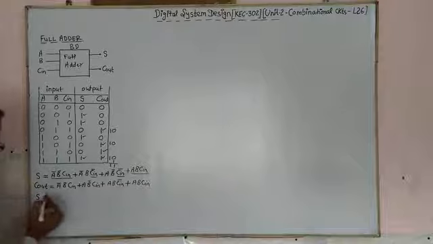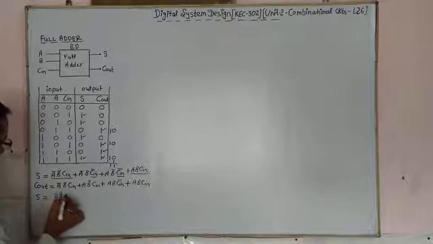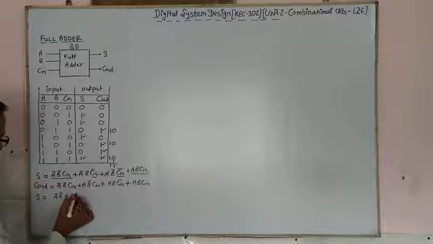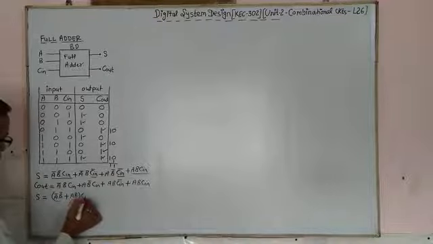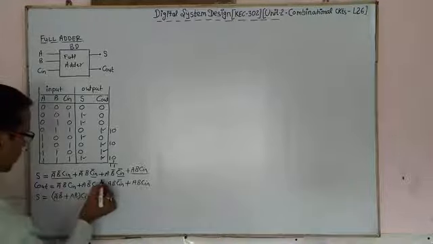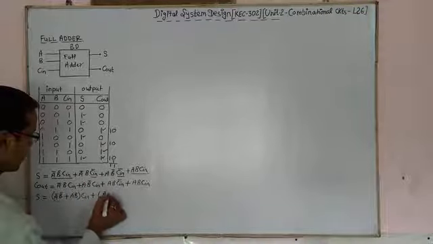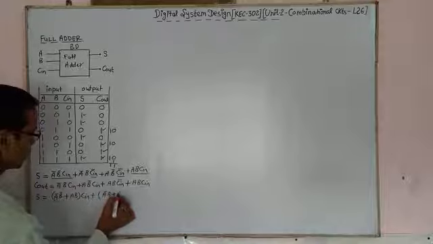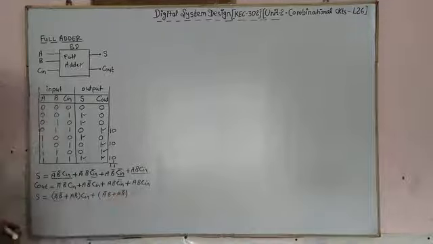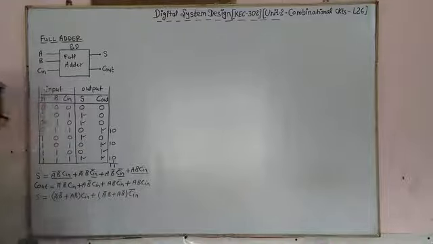First of all, we are getting (A bar B bar plus A B) C in, plus, taking common C in bar, we will get (A bar B plus A B bar) C in bar.